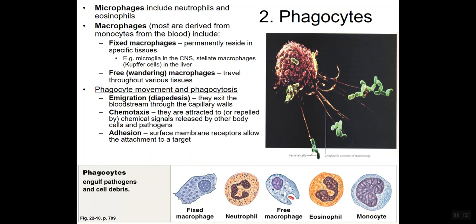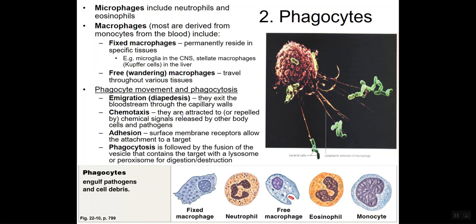So here we see a picture of a phagocyte that has reached out little cytoplasmic extensions and made contact with lots of bacteria. So we would say that this phagocyte has gone through adhesion. It has attached itself to the pathogens that it's about to eat. And then of course what you have to do to finish this whole thing is to eat them.